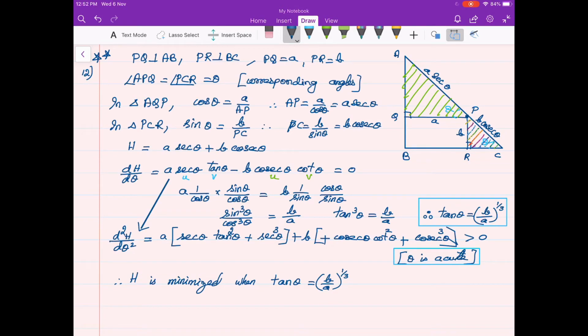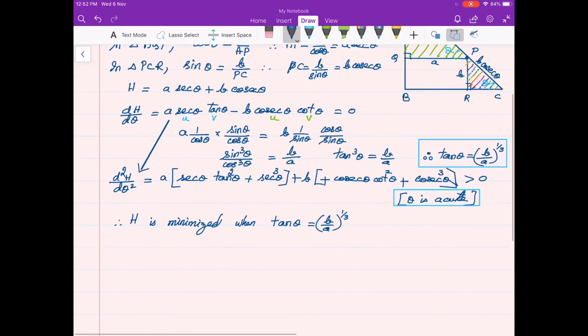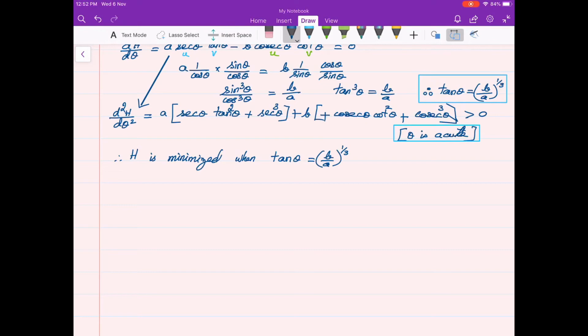Now check the question. We have to show that the length of the hypotenuse is a raised to 2 by 3 plus b raised to 2 by 3 whole raised to 3 by 2. We have written the hypotenuse length as a secant theta plus b cosecant theta. We know the value of tan theta. So, let us use triangle method.